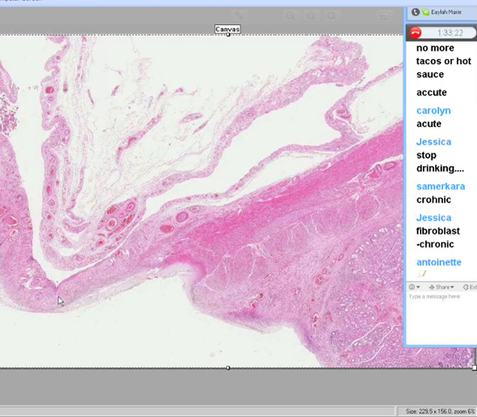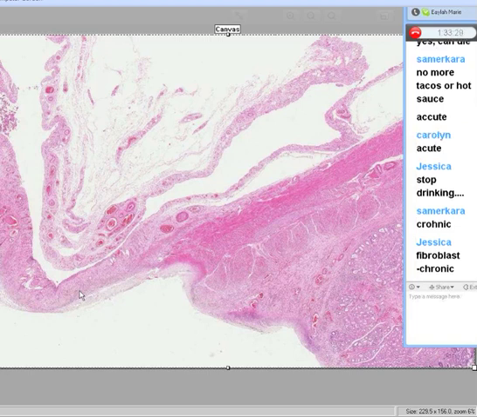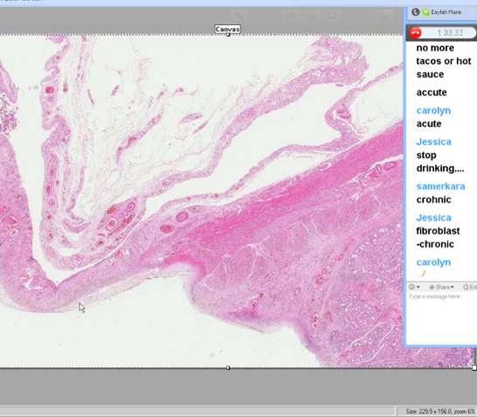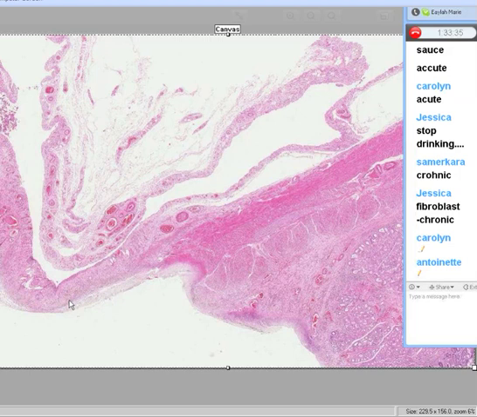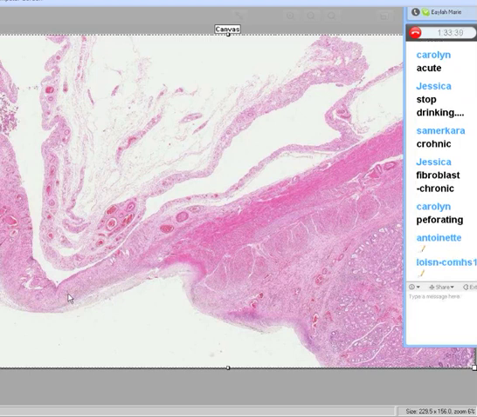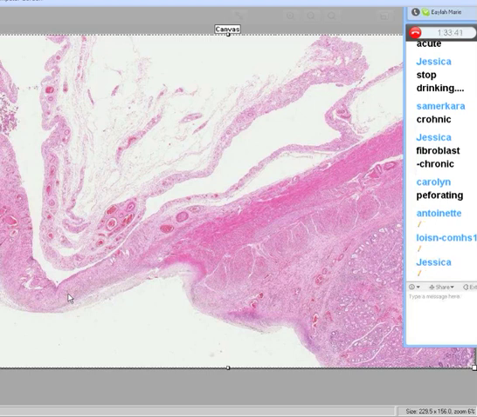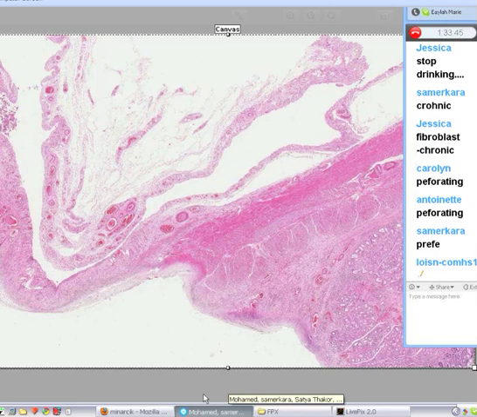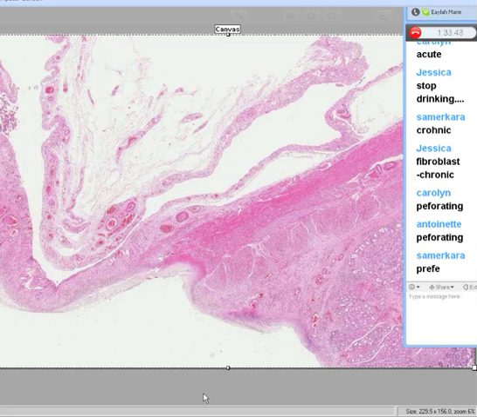You're right, I'd call it chronic too. But the fact is, whether you call it acute or chronic doesn't matter very much. This is a very, very deep, penetrating ulcer. What word would you use in place of penetrating if this tiny little membrane is breached? You would no longer call it penetrating. You would call it perforating.